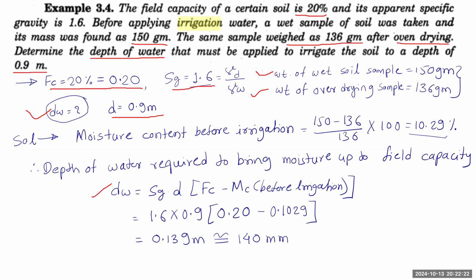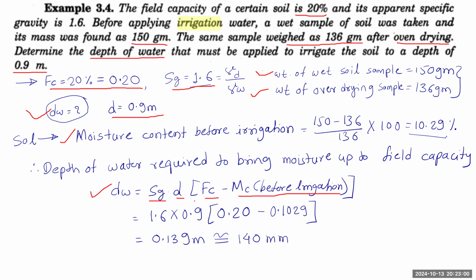What is the final formula? dW, the depth of water required to bring moisture content to field capacity, is equal to Sg, that is gamma d upon gamma w, into d, into bracket Fc minus moisture content before irrigation. So to calculate the moisture content before irrigation, all of you have performed the experiment in geotechnical engineering on how to calculate the moisture content of the soil.